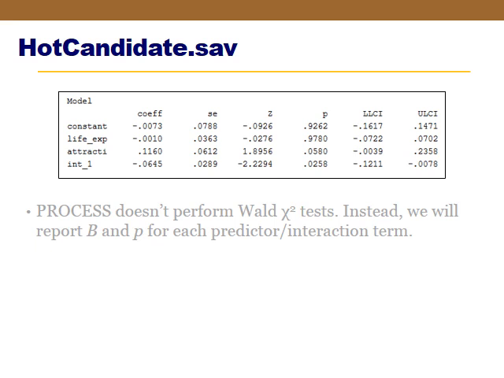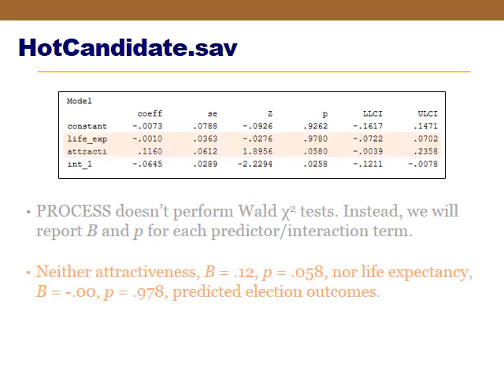When we ran logistic regressions in SPSS a few weeks ago, we got a test called the Wald chi-square test, and that's what we reported for logistic regression results. Process doesn't give us that. So instead, what we're going to report is just the beta. This is the coefficient right here, the beta for each of these. And of course, we'll also report the p-values indicating whether the predictor was or wasn't significant.